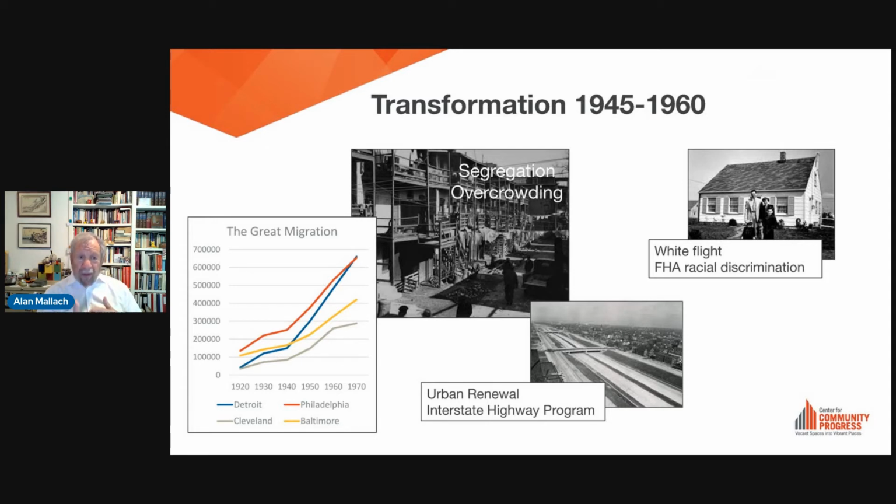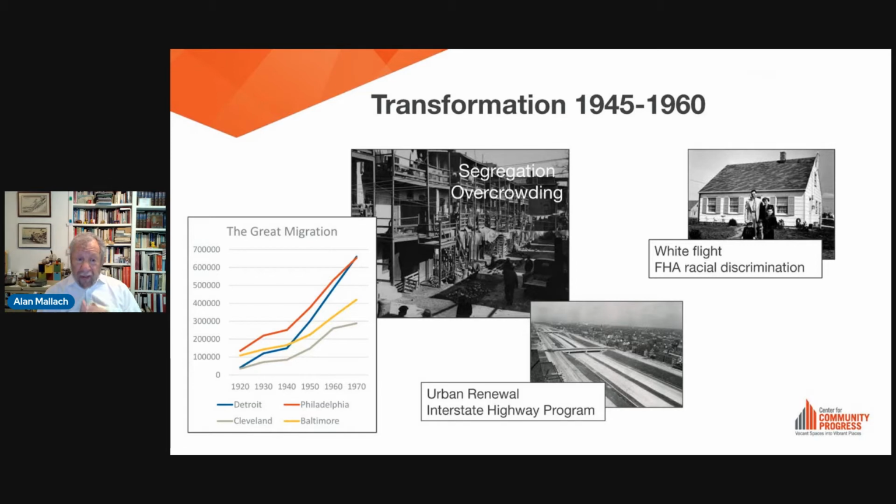And appropriately so, because like the Jewish ghettos of the previous centuries in Europe, these were areas that were not just a question of people living there by choice. They were forced to live there by active patterns of segregation. By the mid 40s, those areas were teeming. They were overcrowded.